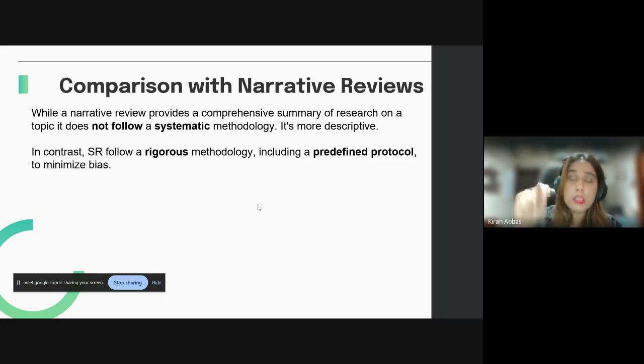Also, your research question needs to be answerable. It needs to be so clear that anyone from the scientific community will be able to see what you are trying to do. A narrative review could have a broader scope. It could be vague in nature. It could have a lot of things going on.